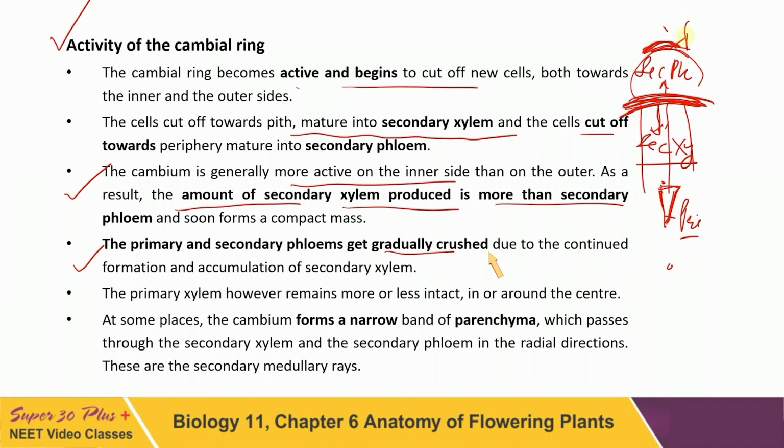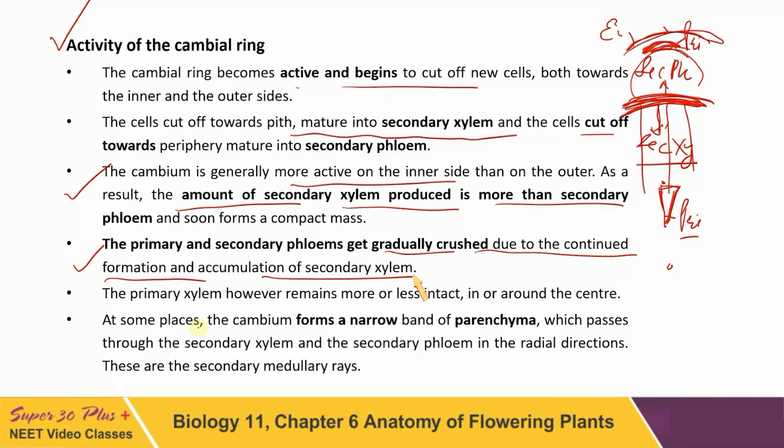The primary phloem, because it is made of delicate cells, will be crushed in between the secondary phloem and the endodermis. So primary and secondary phloem are gradually crushed due to the continuous formation and accumulation of secondary xylem.